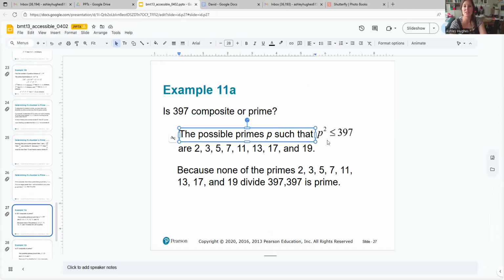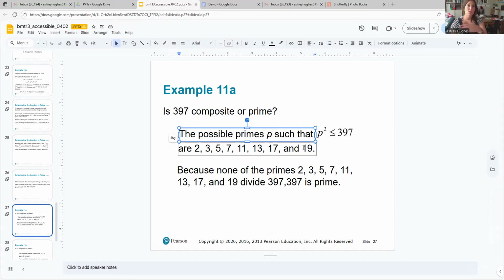Well, you don't have to think through all the primes. You just have to think through the primes where p squared is less than 397. So you can stop at 19, because 20 squared would be 400. So I can check only these numbers: 2, 3, 5, 7, 11, 13, 17, 19.